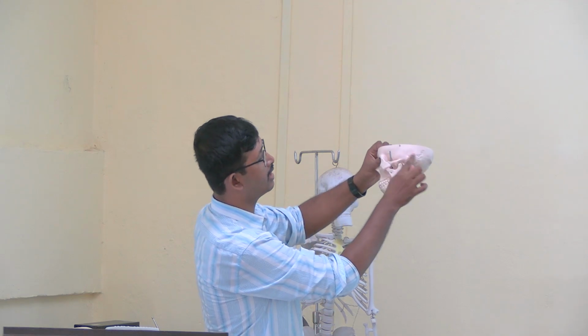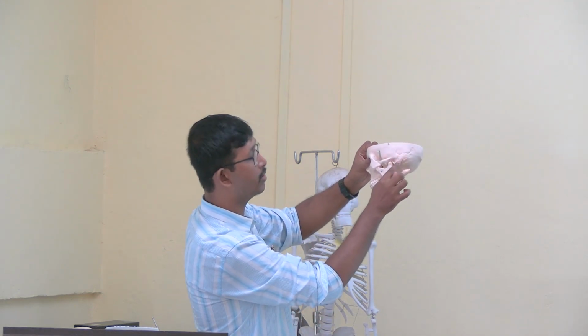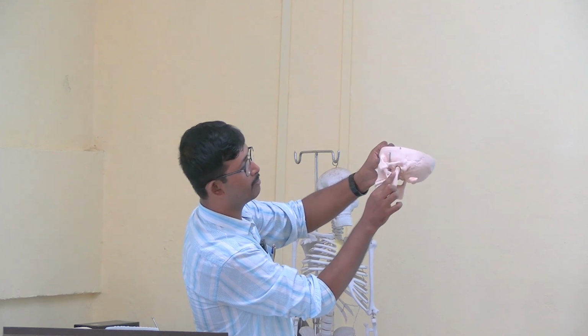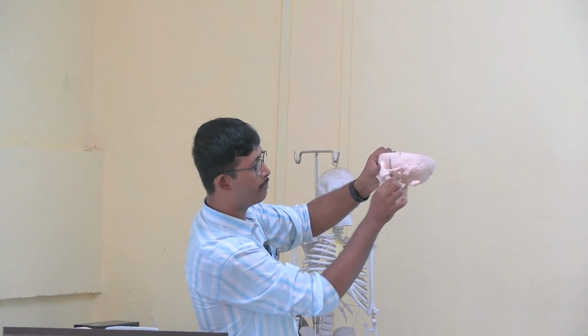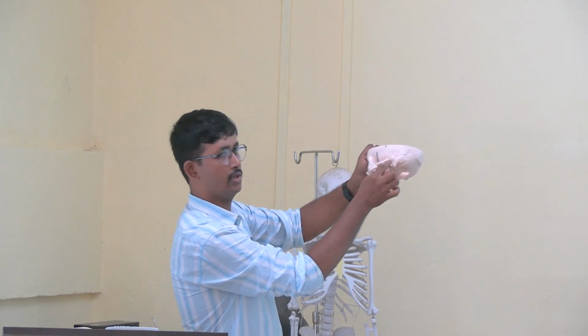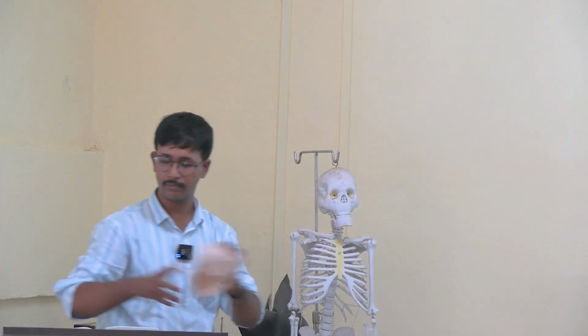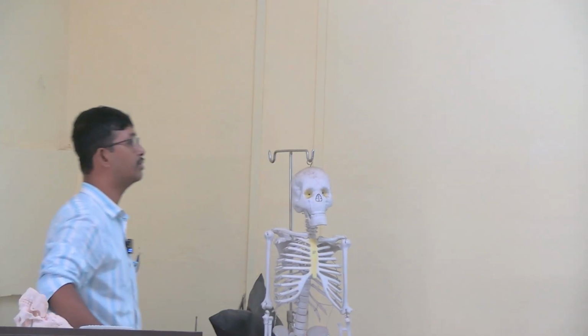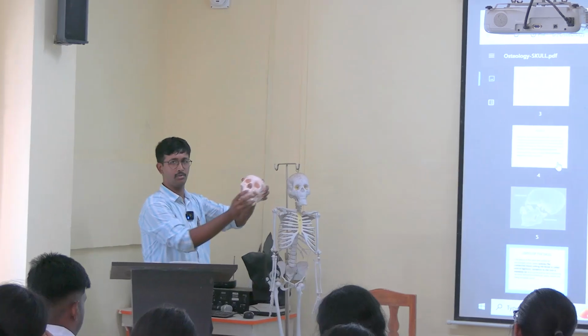Here is the temporal bone of the skull, and this is the mandible. The mandible is joined with the temporal part through the temporomandibular joint. As you know, synovial joints are freely movable joints, which is why we can move our mouth.